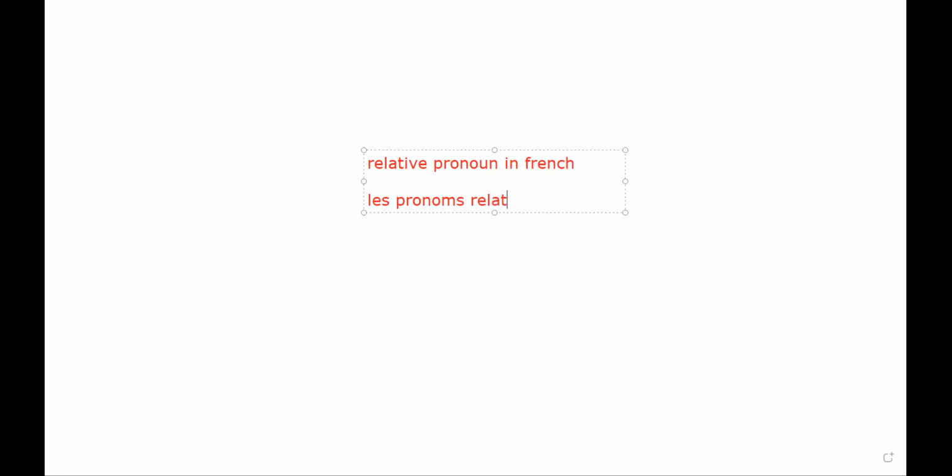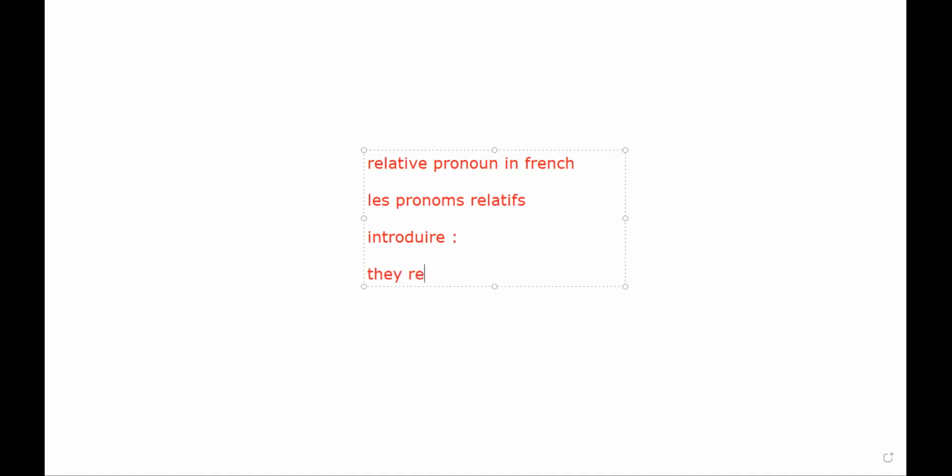Very important module for A2 level. Les pronoms relatifs. Clear? Qui introduisent, introduire, répétez après moi, s'il vous plaît. Introduire, c'est-à-dire quoi? It means to introduce the relative clauses. The relative clauses, basically, what is my relative pronoun?